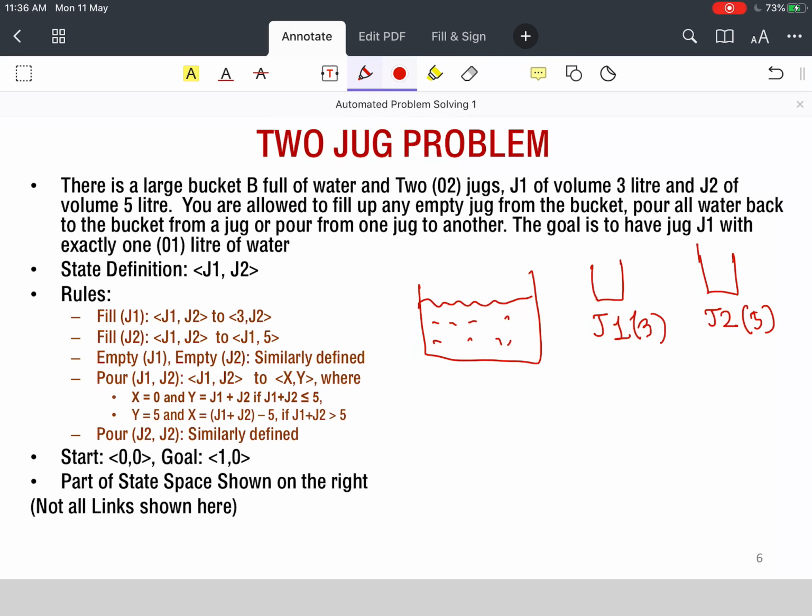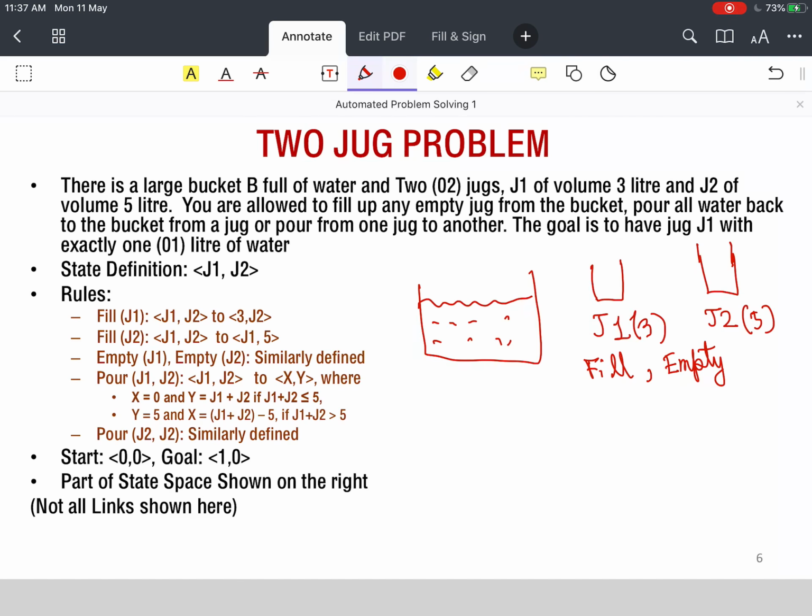So J2 is a bigger jug and J1 is a smaller jug. And all the things that we can do are, we can fill a jug, we can empty a jug, we can fill a jug by putting that jug in the water tank and filling it up. We have no markers on the jug to indicate how much we want to fill up. Either it will be fully filled up or it will not be filled up.